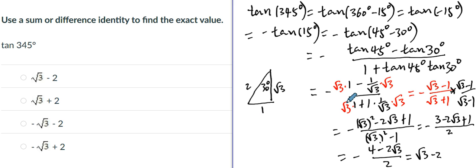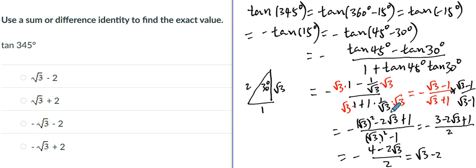All right. So tangent 45 is 1, subtract tangent 30 degrees is 1 over radical 3. Downstairs is 1 plus the product of 1 and 1 over radical 3.